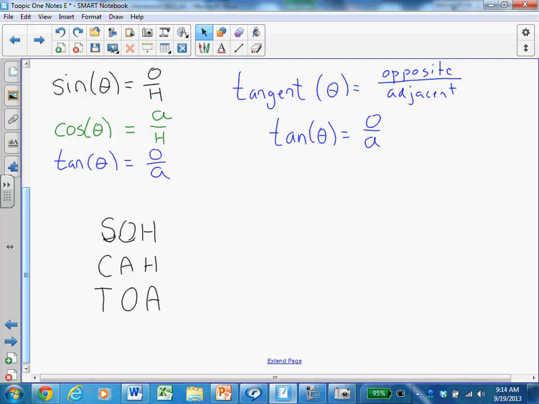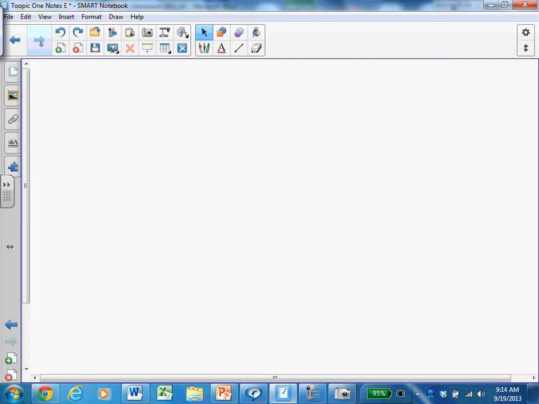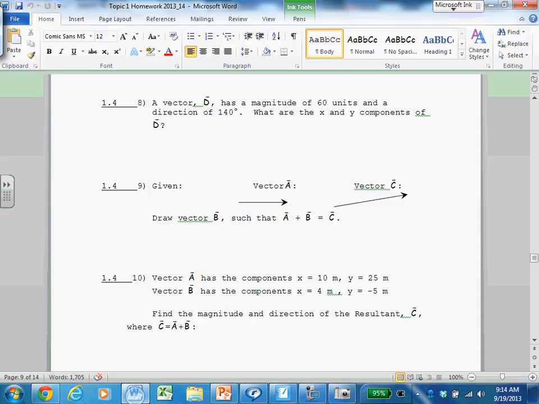Let's see. Let's go to the first page of the packet just to get a little practice with sine, cosine, and tangent. We can find the angle. We can find the components. We're going to do all that.